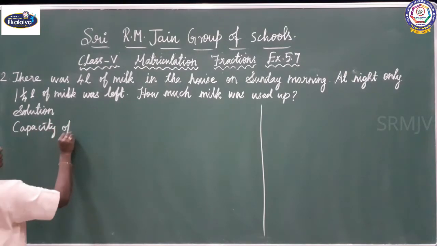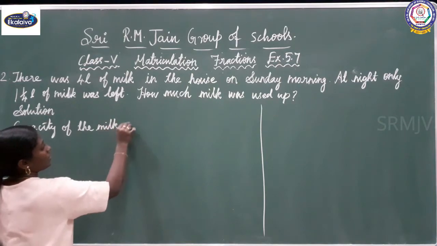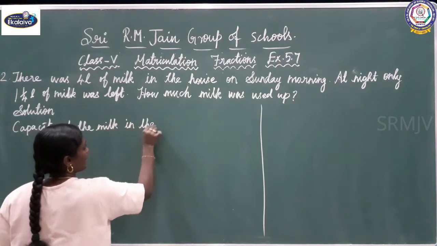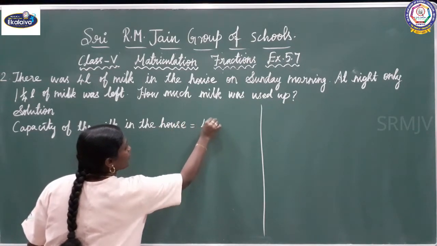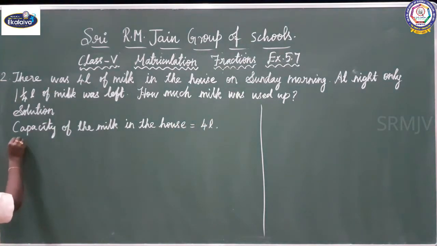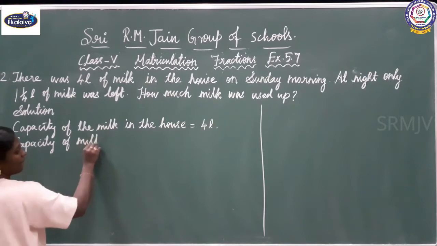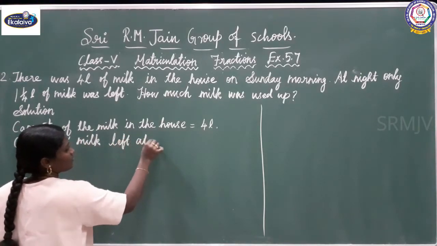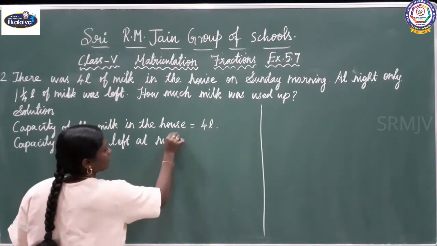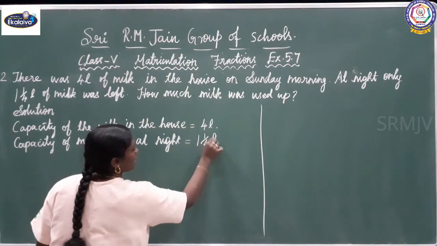So, capacity of the milk in the house is equal to 4 liters. Capacity of milk left at night is equal to 1 by 4 liters.